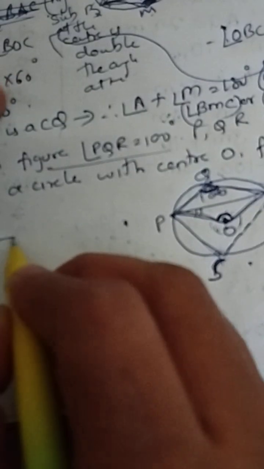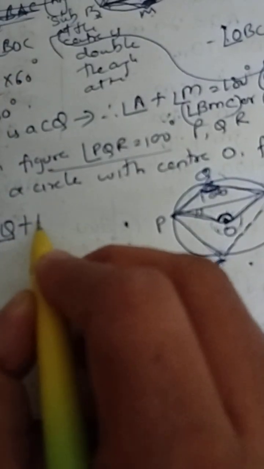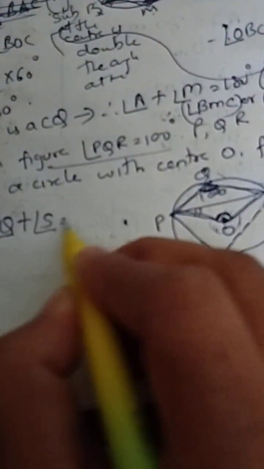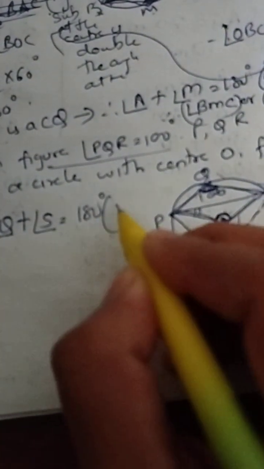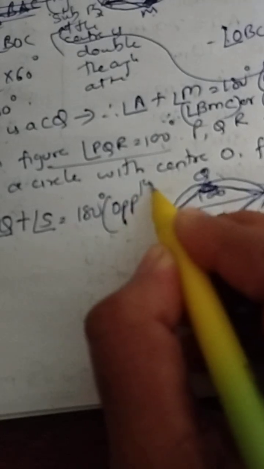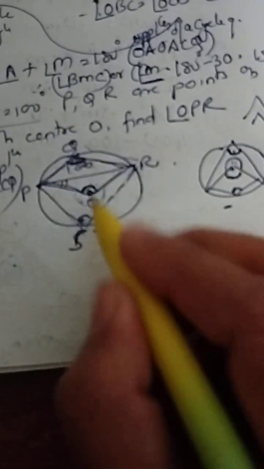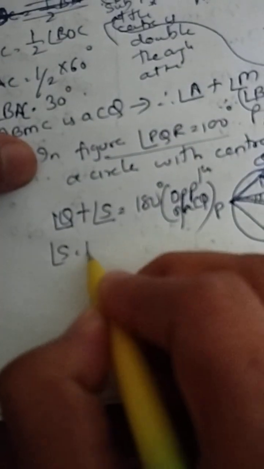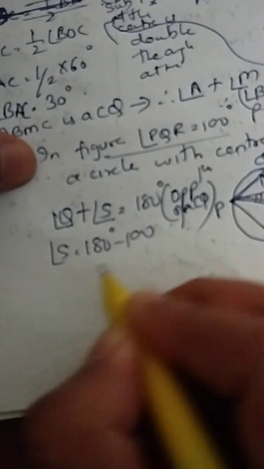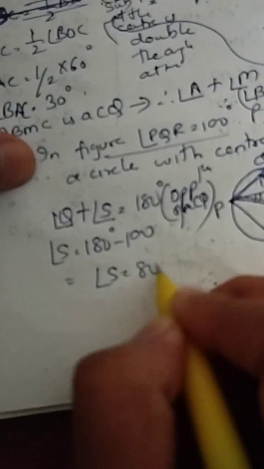Now this is 100 degrees. Which one? PQR, correct? Angle Q plus angle S is equal to 180. Again I told you, opposite angles of a cyclic quadrilateral. This is 100, so what will angle S be? 180 minus 100, which is equal to 80 degrees.